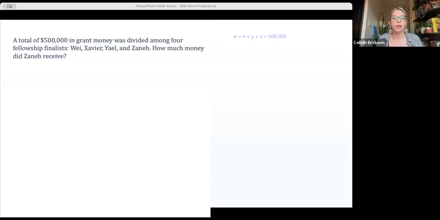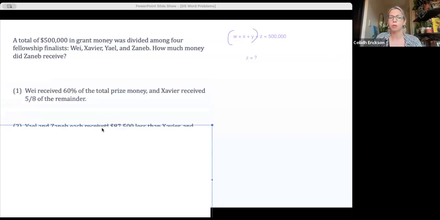So obviously we're going to need a lot more information than that. If we're looking for Z equals what? Well, in order to find that, we're going to need some more information about the other 3 variables. We're going to need either the values of each of those other variables or enough relationships to be able to solve here.